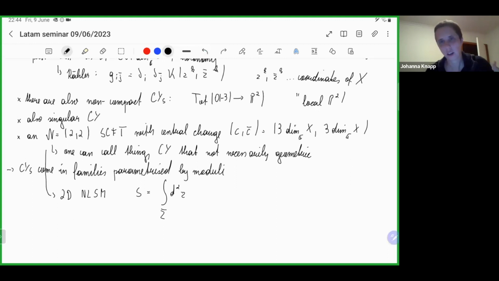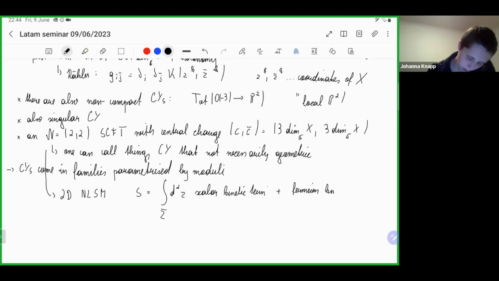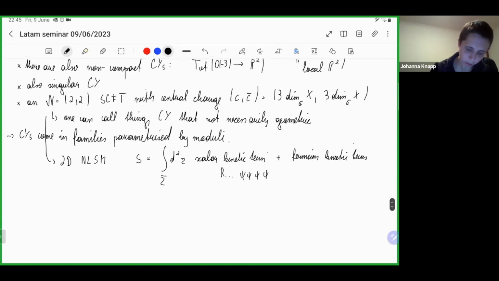And you have a scalar kinetic term, fermion kinetic terms, and then, this is just an example, a four-fermion term, which is contracted with the Riemann tensor.